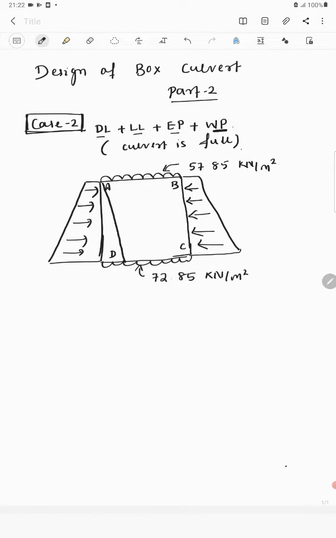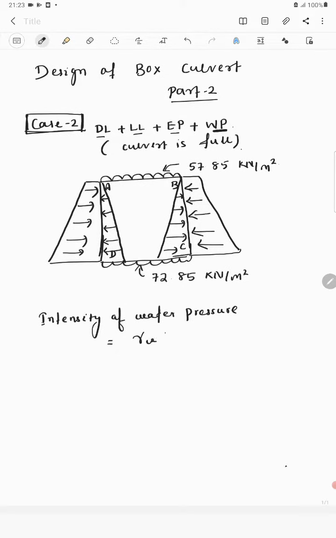Here there will be the effect of water pressure in opposite direction from inside. So we can calculate this intensity of water pressure. What is the expression?